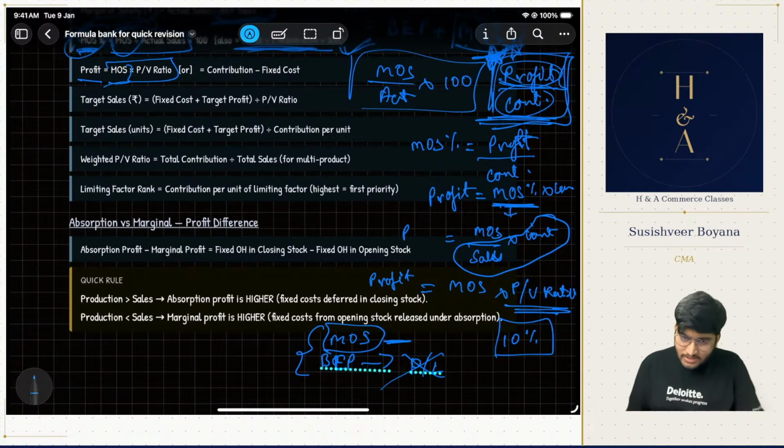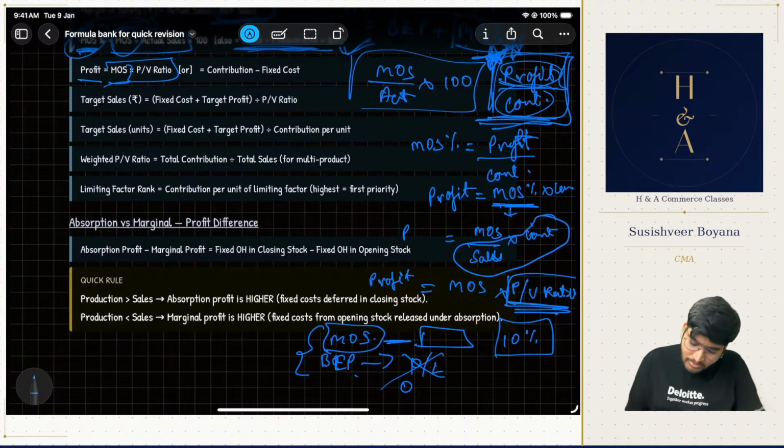But MOS is sales, sir. On MOS, if I multiply the PV ratio, here profit is zero. Here, whatever is balance, whenever I'm multiplying PV ratio, am I just getting the profit part? Because actual sale is equal to MOS plus BEP. You get it?